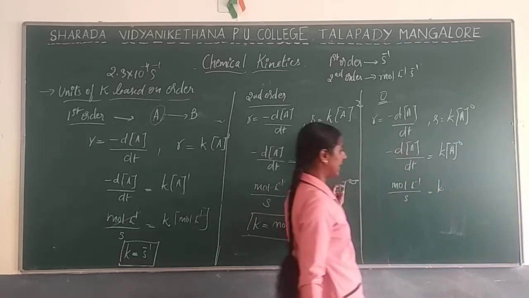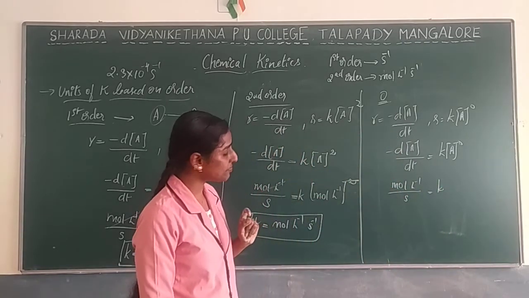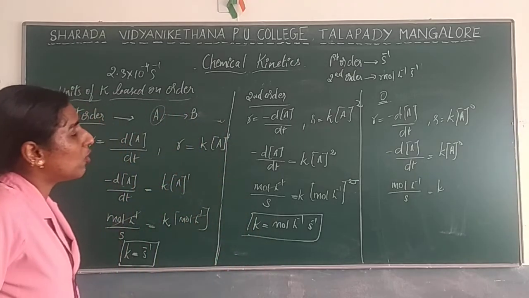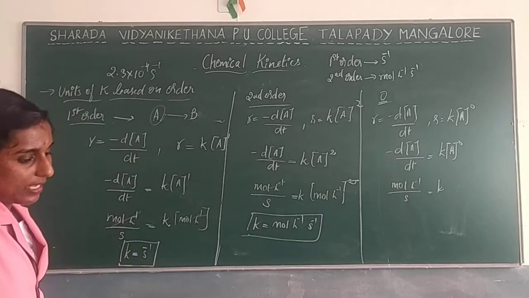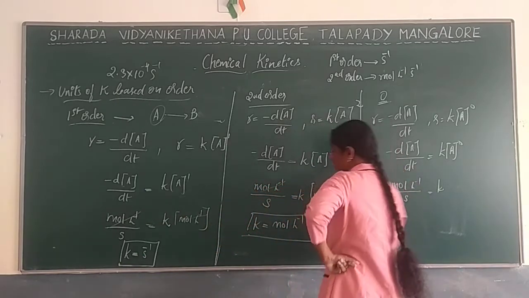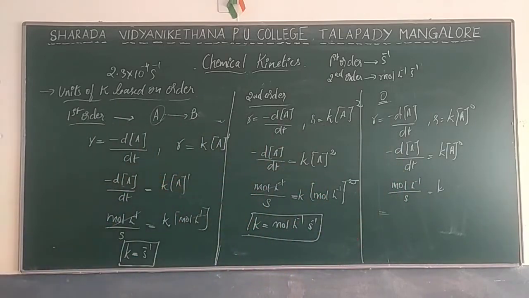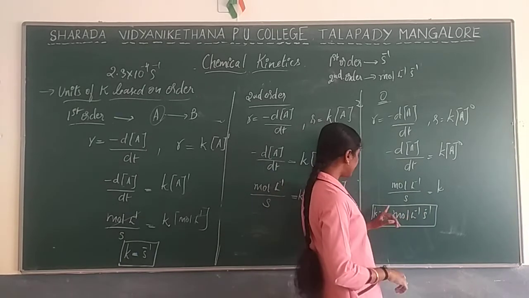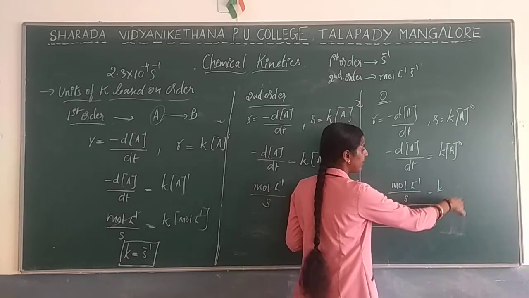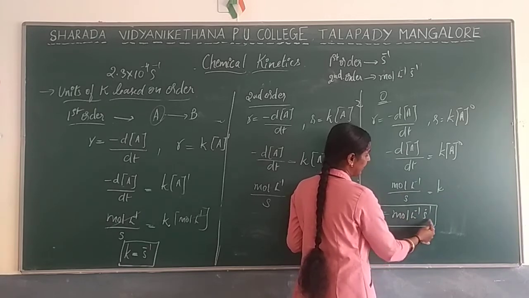Again here only K will remain. So what will be the value? For zero order, K is equal to mole per liter per second. That will be the value. So this will be the order of the reaction. Here K is equal to mole per liter per second. This second, when it goes up, it comes as mole per liter per second.